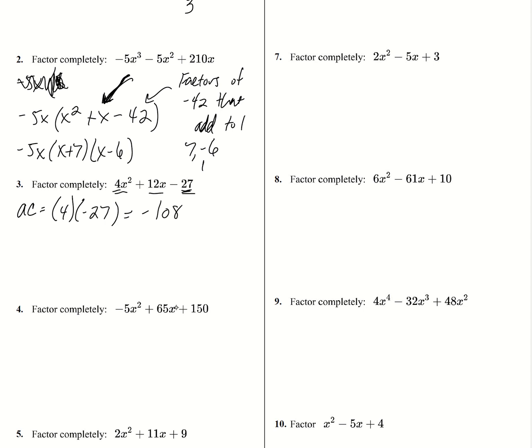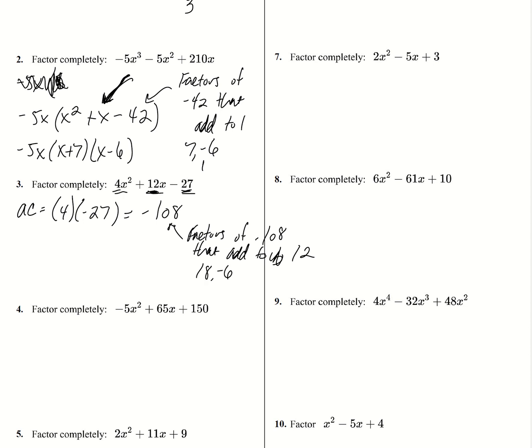So now we have to find factors of negative 108 that add to b, which is 12. And this turns out to be 18 and negative 6.